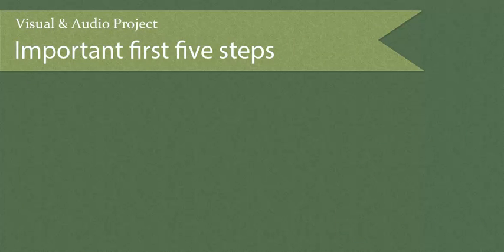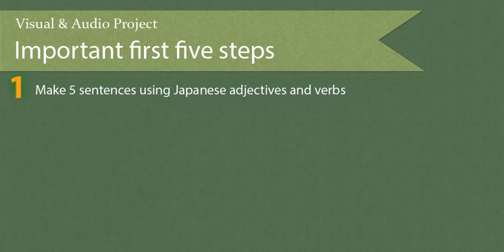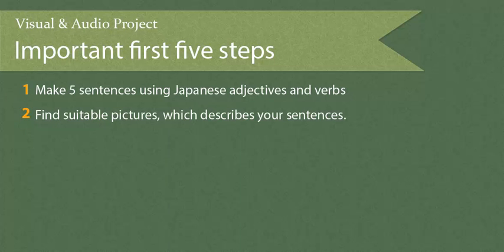These are the important 5 steps when teachers introduce Boki and Padlet to the classroom. 1. Make 5 sentences using Japanese adjectives and verbs. 2. Find suitable pictures which describe your sentences. 3.